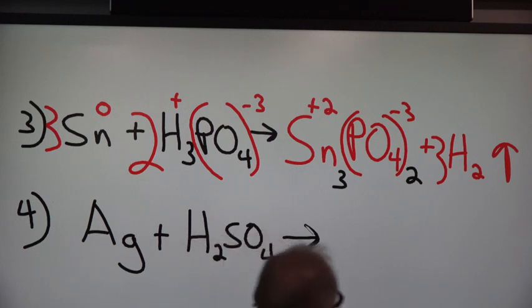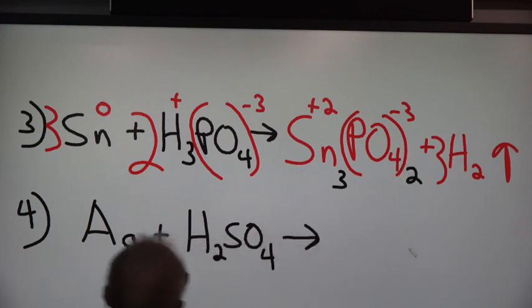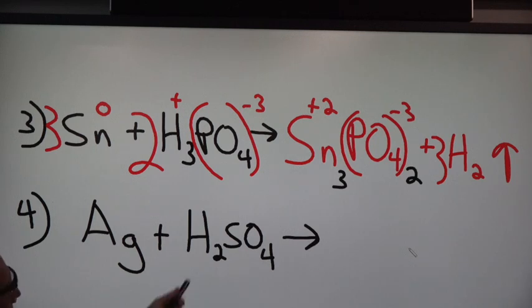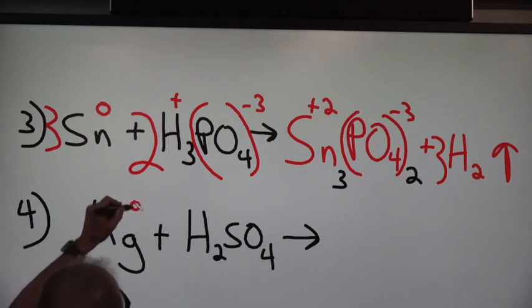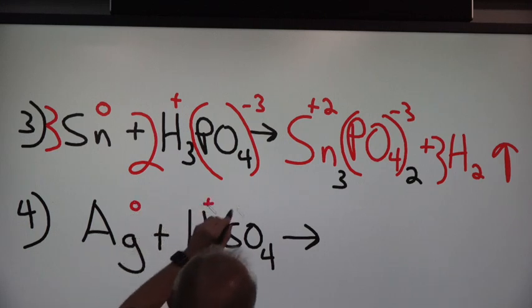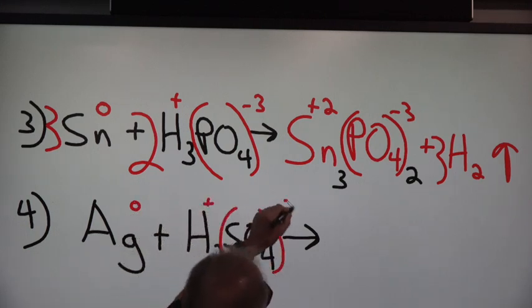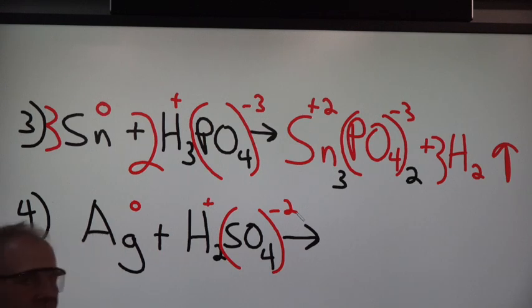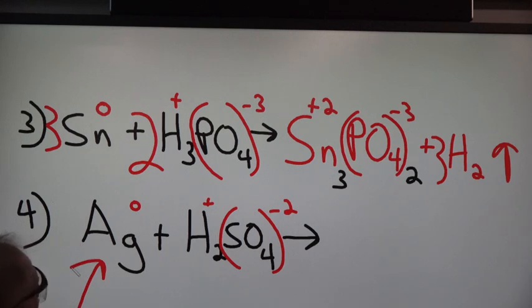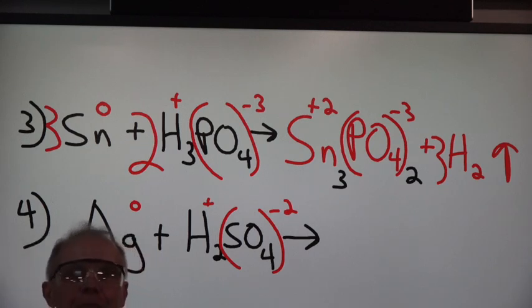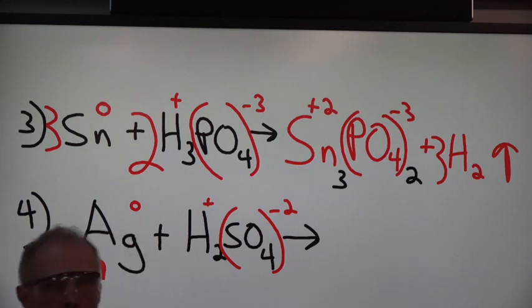All right, silver plus sulfuric acid. So silver, it's a metal by itself, that's neutral. H is a plus. SO4 is a -2. Now, if you didn't see it coming, look at reference table J. Silver is below H2.